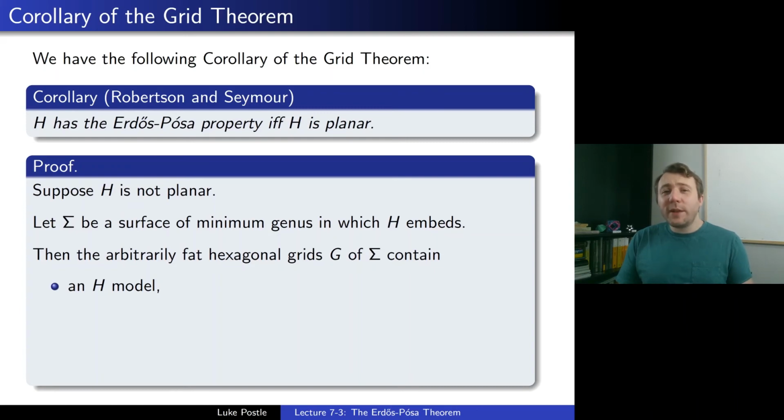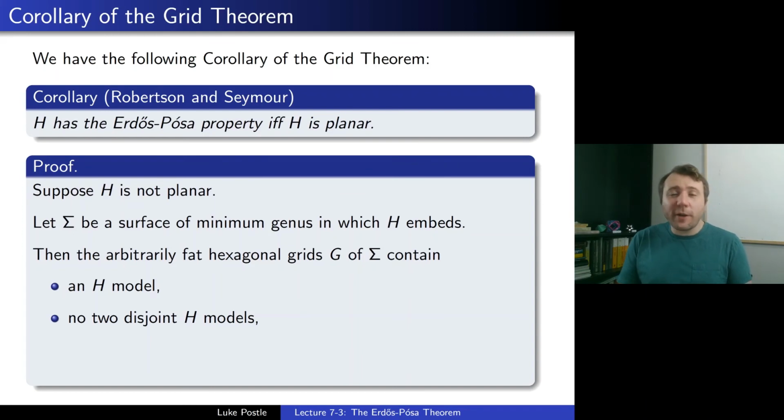Because we can draw H in the surface, we can do that trick where we take a superfine grid and snap our H to the grid. So you can convince yourself they contain an H model, but they don't contain two disjoint H models, because if they did, then the genus is somehow wrong.